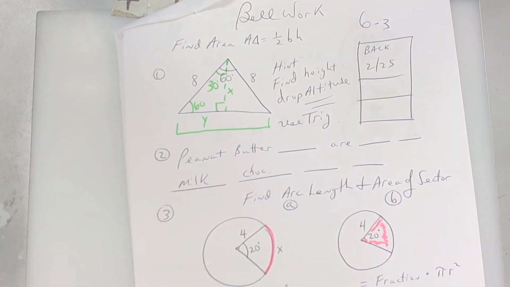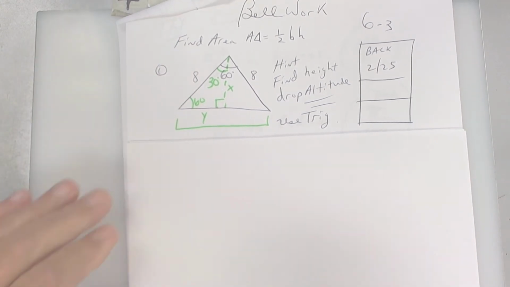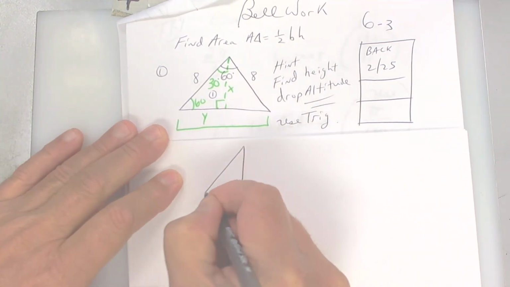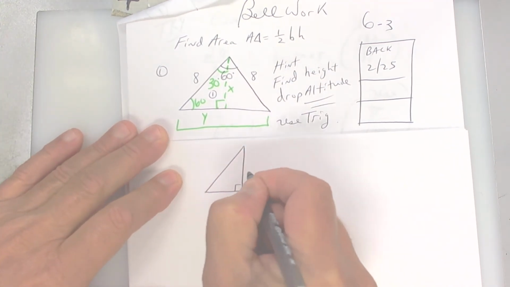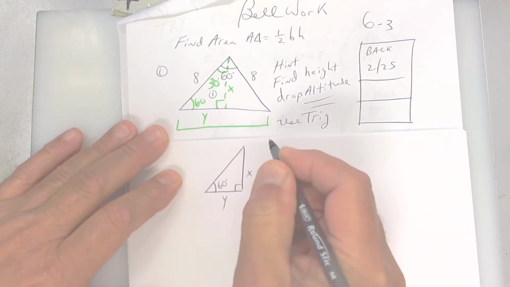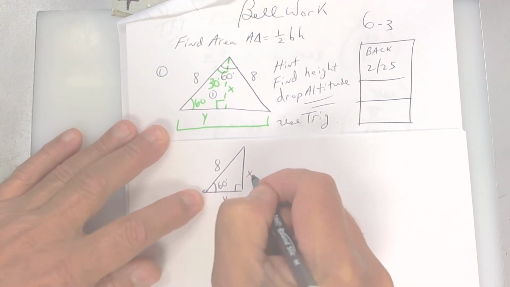Okay, so we're all set up. Now remember that trick, you have to drop the altitude. So we're going to pull out one of these triangles, this triangle right here. So we need X, we need Y. We're going to leave it as a 60 right here and an 8. So I'm going to stand here. I want opposite over hypotenuse.